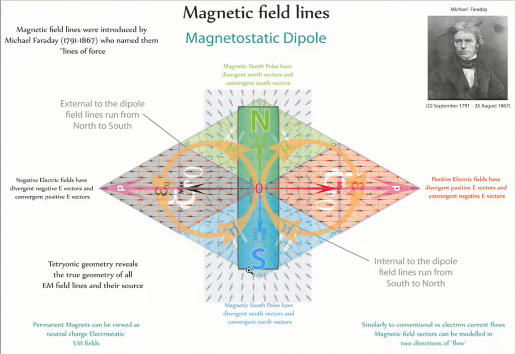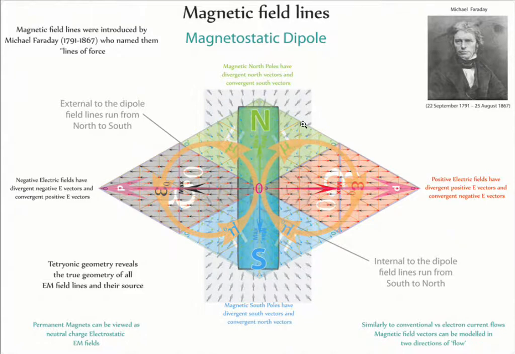In the case of a bar magnet specifically, classically we've had the lines of force drawn as coming in from infinity or going out to infinity, with a vector direction of south-north internal to the dipole and north to south external.